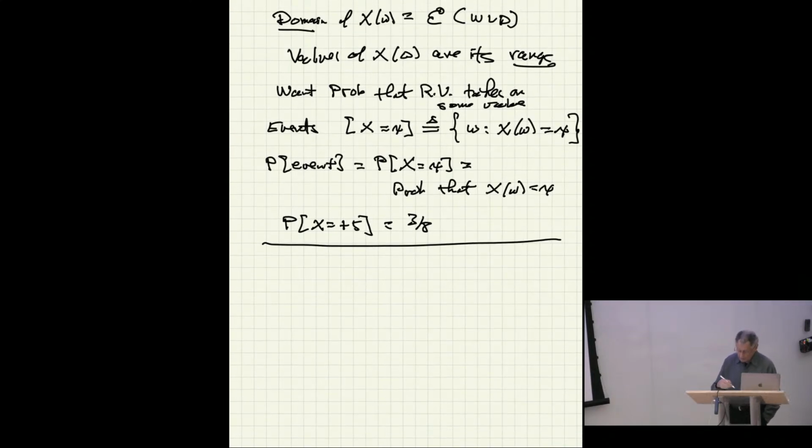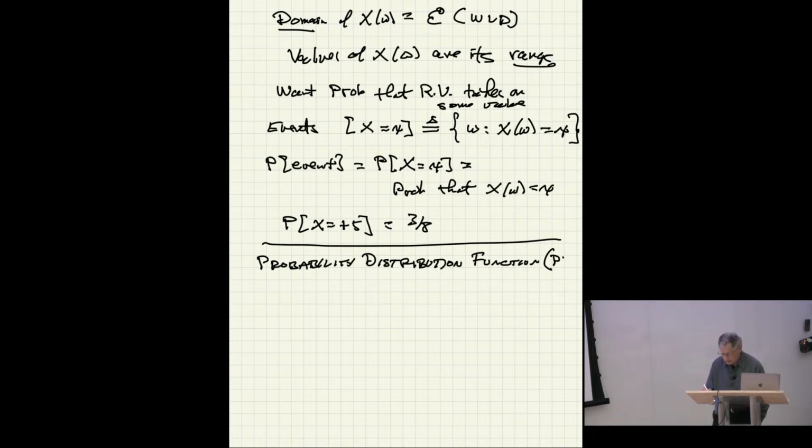Now we're going to define some functions of these probabilities. I want to define something called the probability distribution function. In parentheses, I'm going to give you the shorthand notation for that. It's a capital P, capital D, capital F. And the fact that they're capitals is important, as you'll see in a moment.